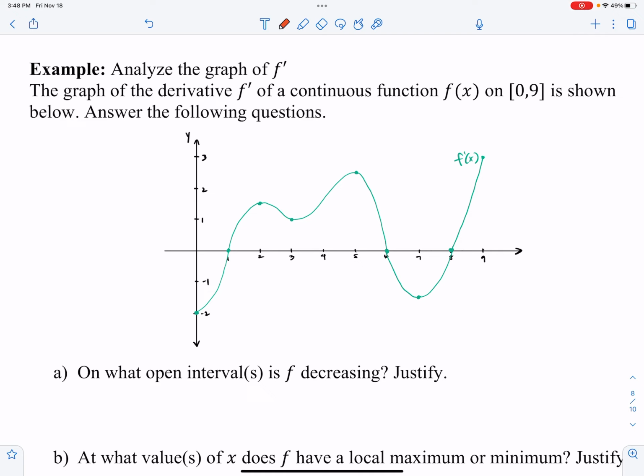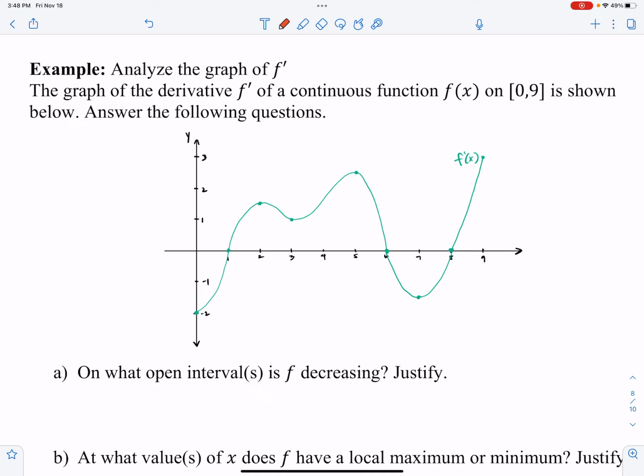So question A asks us, on what intervals is f decreasing? Since we're given f prime, and f prime represents the slopes of the tangent lines to f, that means we want to know where f prime is negative. The intervals where f prime is negative will correspond to the graph of f decreasing.